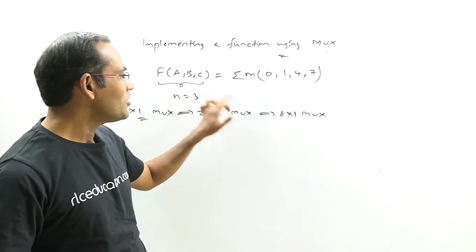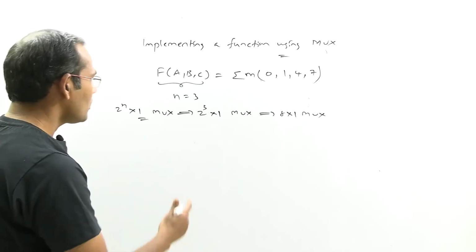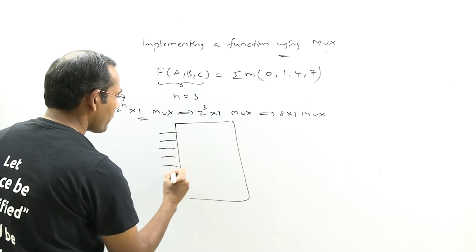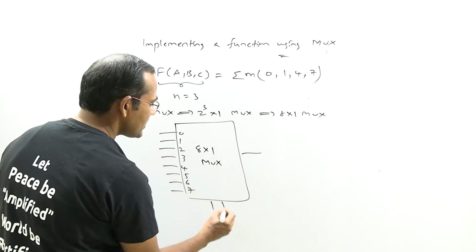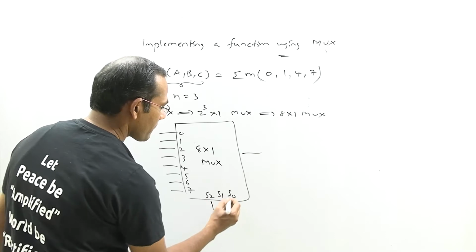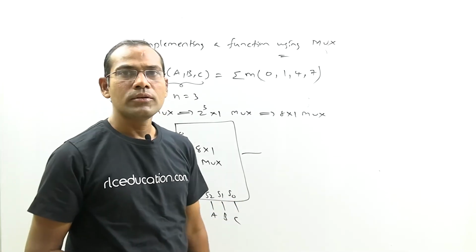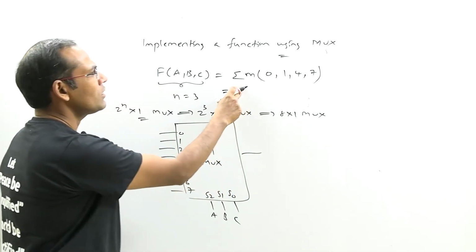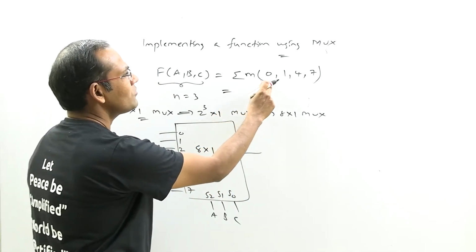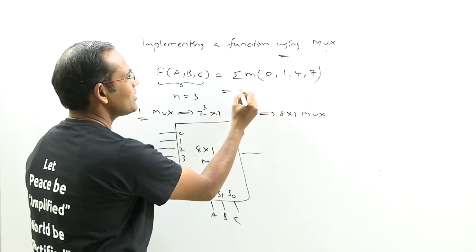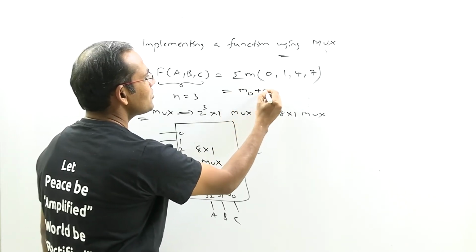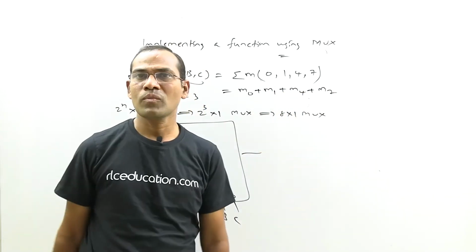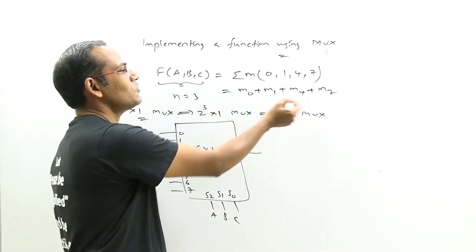A 3 variable function by using an 8 by 1 mux. 8 by 1 means 8 inputs will be there, and 3 selection terminals. So the meaning of this one is sigma of minterms 0, 1, 4, 7. That means it is the sum of minterm 0, minterm 1, minterm 4, minterm 7. This function is the sum of these 4 minterms.